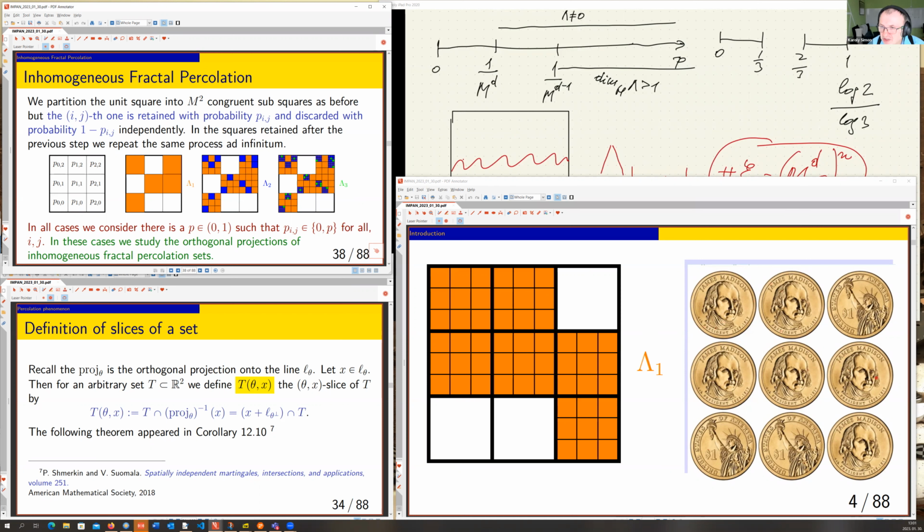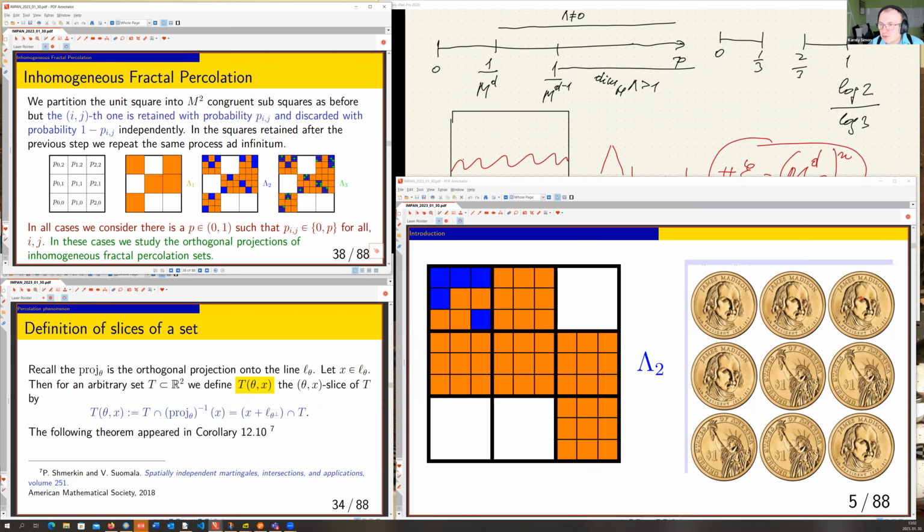And then you toss the coin, and it results in something. This coin always refers to the left upper corner, and this coin always refers to the right bottom corner. The probability that the left upper corner is head is this number, and for the right bottom corner it is this number, whichever scale you are at.